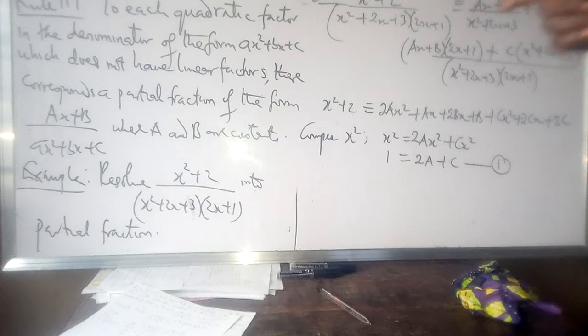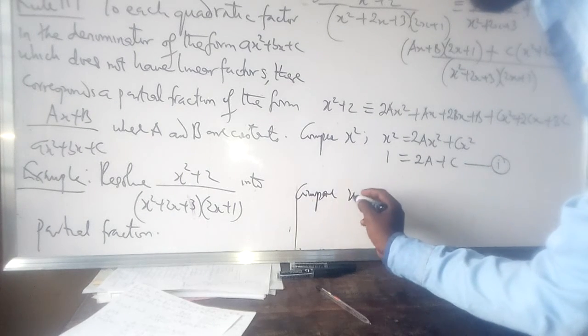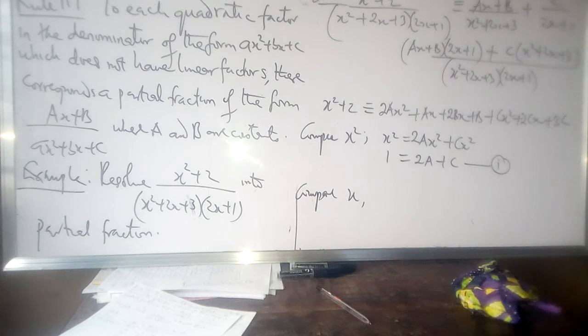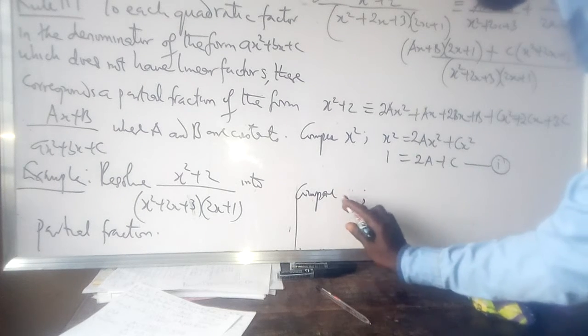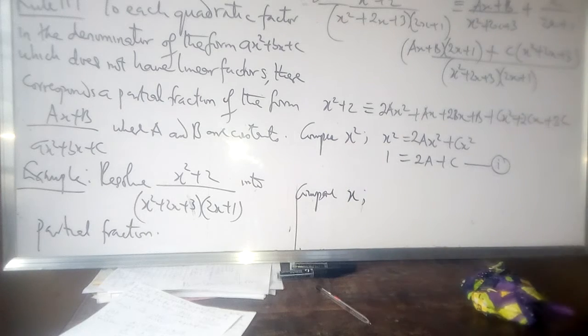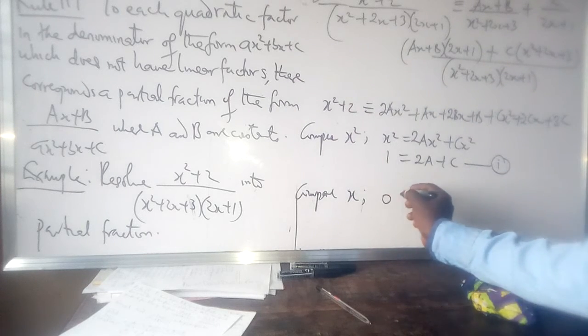Now, having considered x squared, let's compare those that have x. In the left-hand side, unfortunately, there is no term that has x, so we write 0 here.